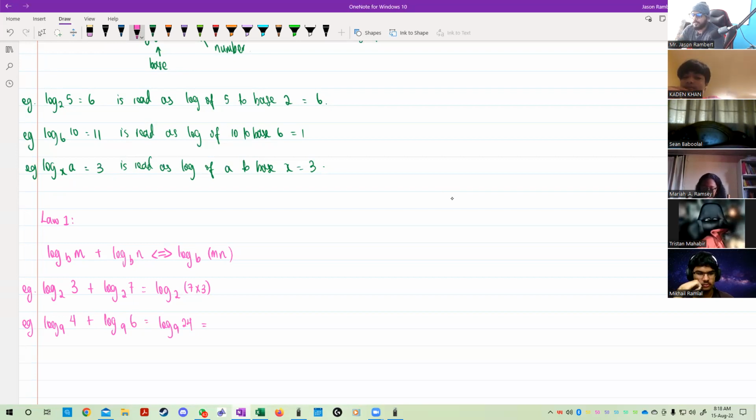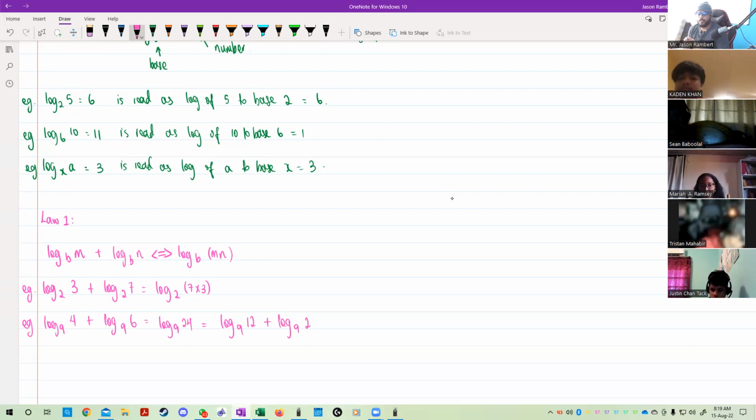This could be equal to log of 12 to base 9 plus log of 2 to base 9. You all agree with that? Because 24 could be broken up as 12 multiplied by 2. So I'm working in this direction of the law for this piece here. I could work either way, forward or backward. Everybody comfortable with that so far?